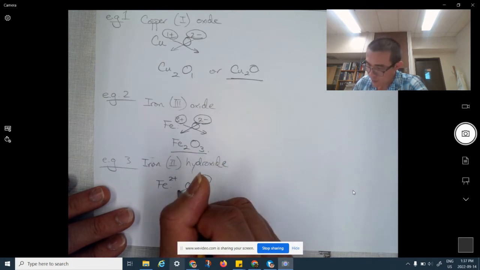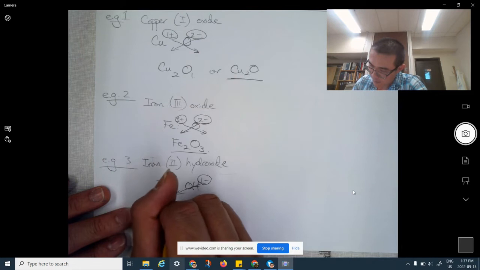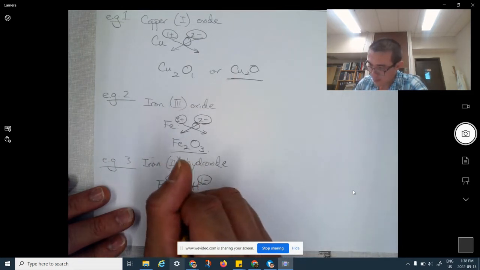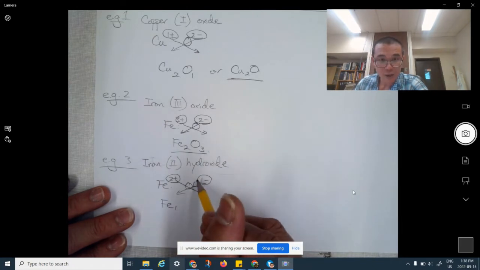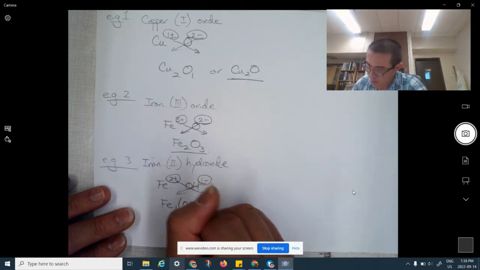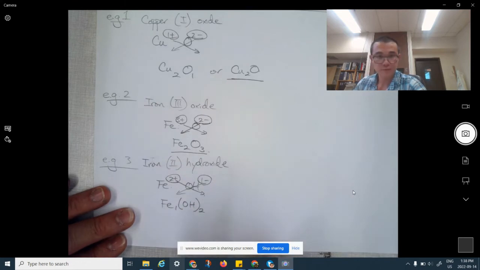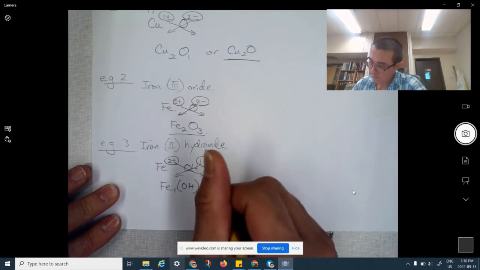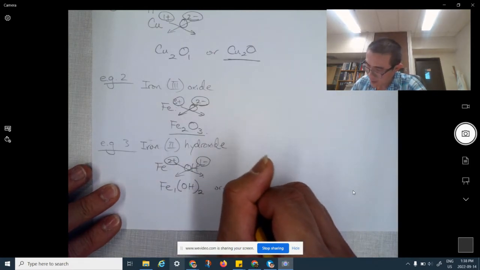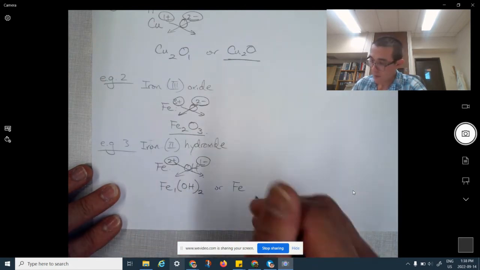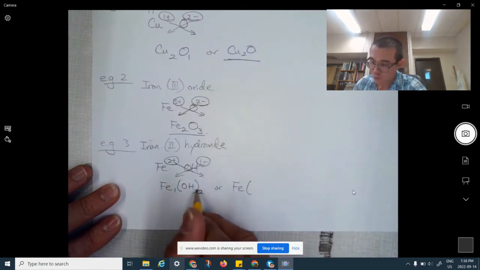This 1 minus I give to the iron first, throwing away the sign, so it's Fe1. This 2 plus I give to the entire hydroxide, so it will be bracket OH close bracket 2. This 1 should be invisible, so you have Fe. You don't need to write the 1, but you do need to keep the bracket because there are 2 OH.